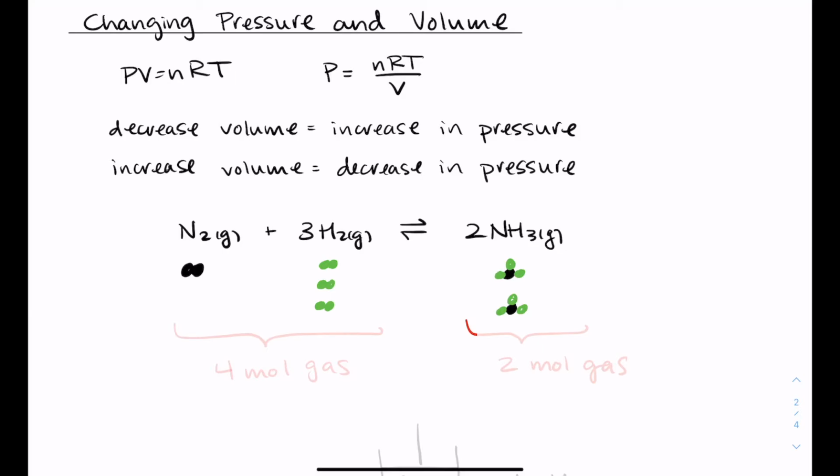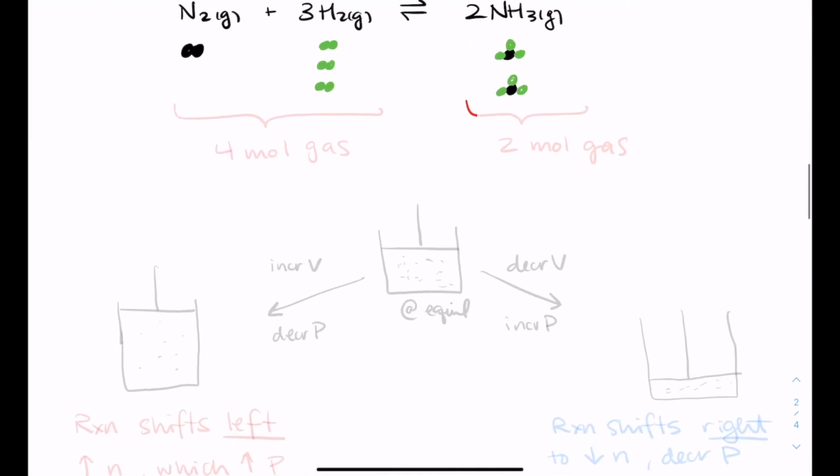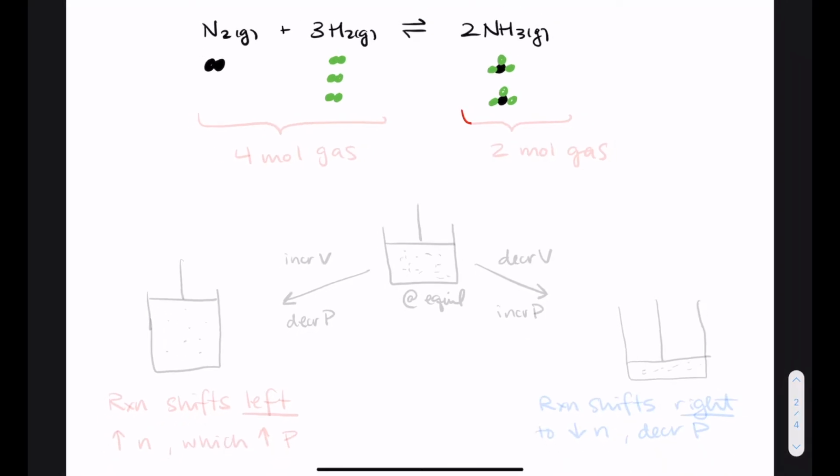All right, so let's look at this with the sample reaction. If I have N2 plus 3H2 in equilibrium with 2NH3, I've also kind of broken this down. Let's picture the individual molecules. So my molecule of N2 with the 2 black atoms, my molecules of H2 with the 2 green atoms, and then my products, 2 molecules of NH3.